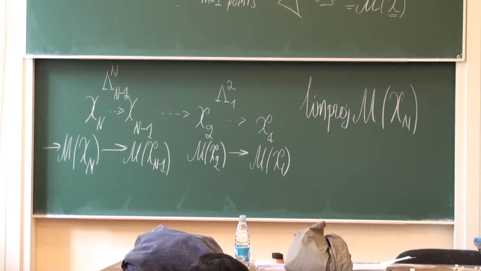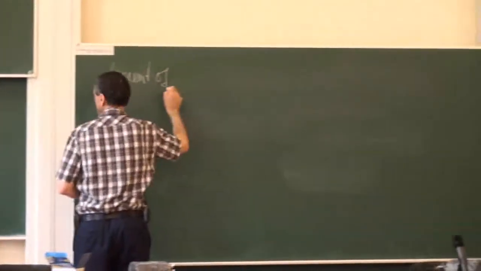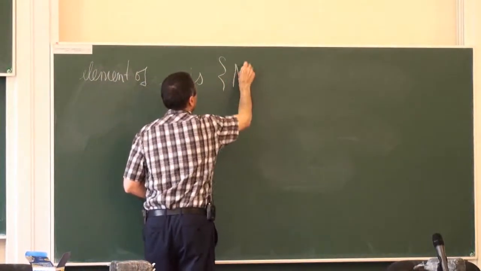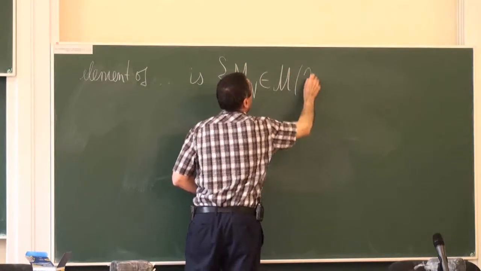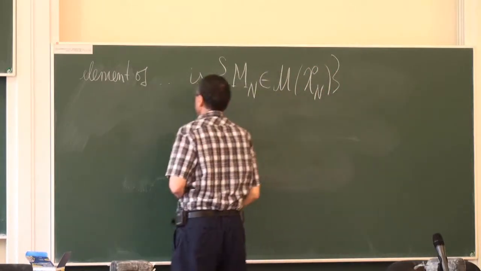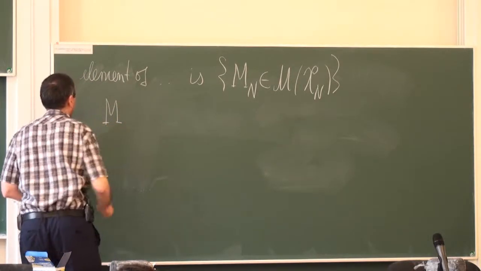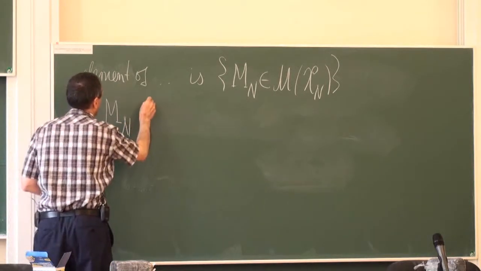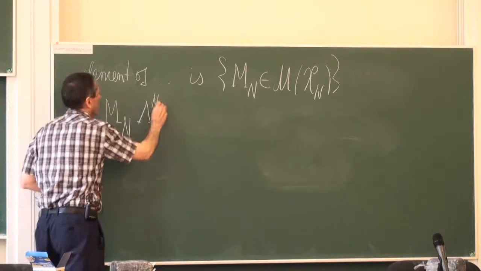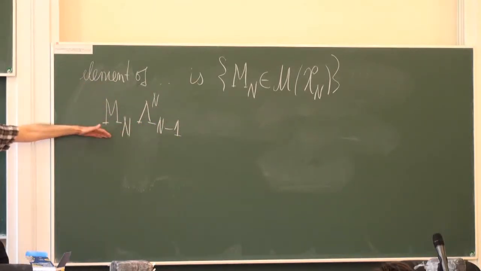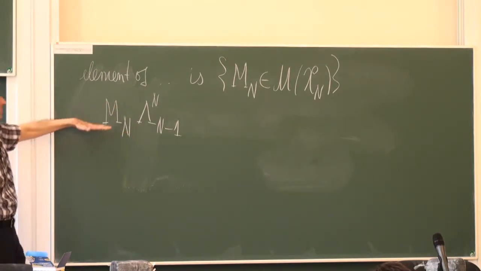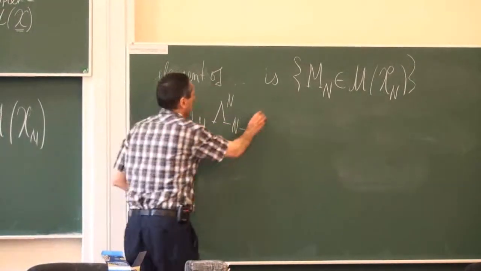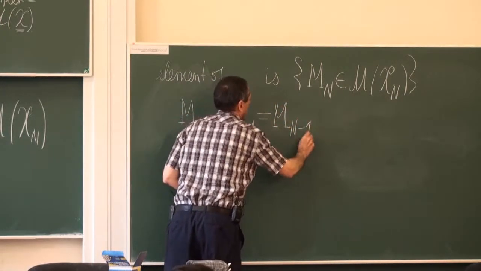So an element of this projective limit is a sequence of probability measures on the corresponding sets such that they are compatible with the links, meaning that for any n greater than 1, if you apply to this measure our link, and I recall that this product is well defined, we can imagine that M_n is a row vector, and this is a matrix, and this is a multiplication of a row vector by a matrix on the right, and we get another row vector, which is the measure on the preceding level.